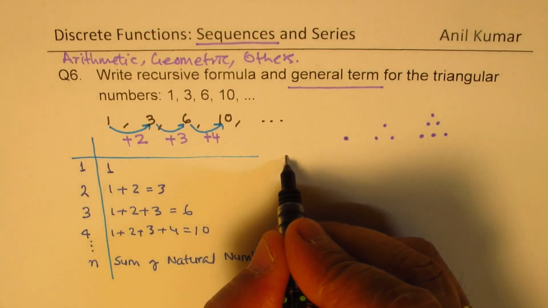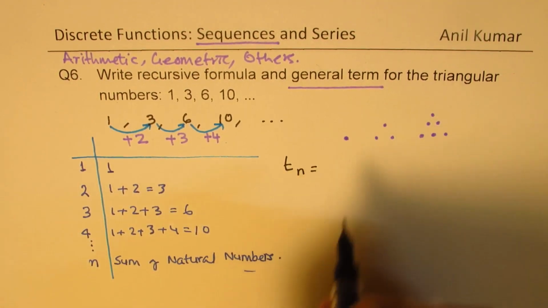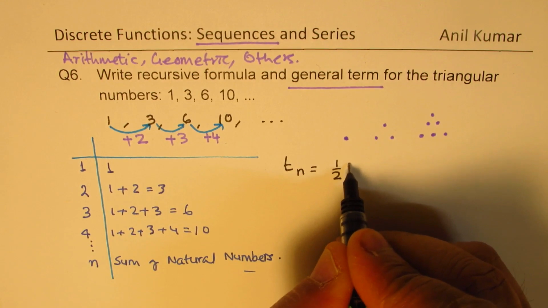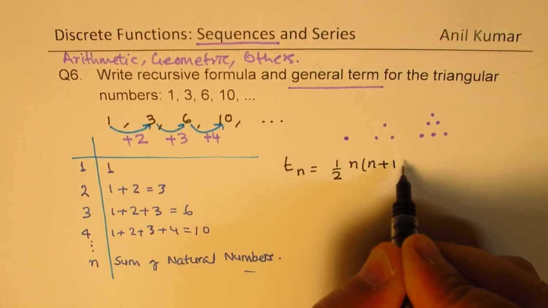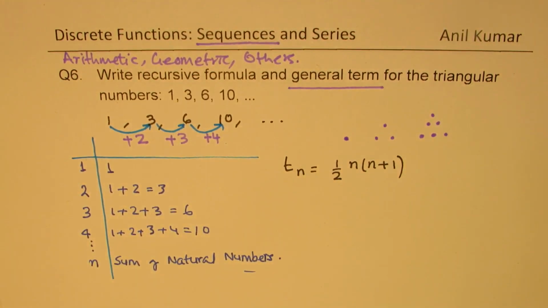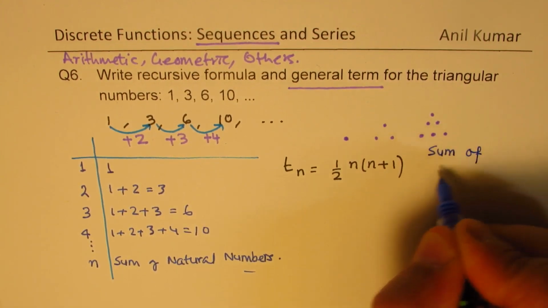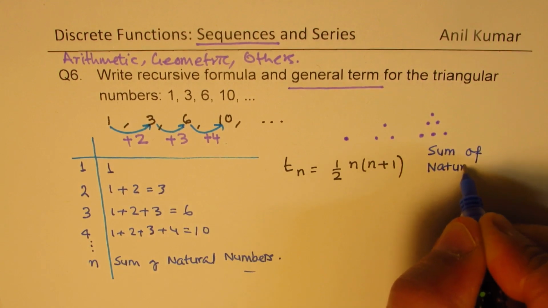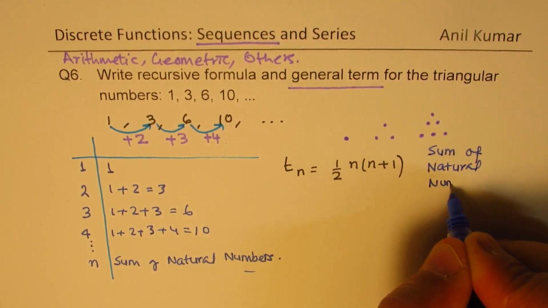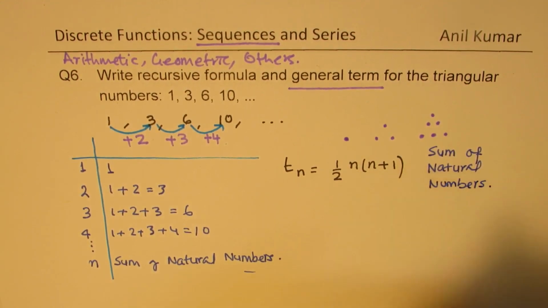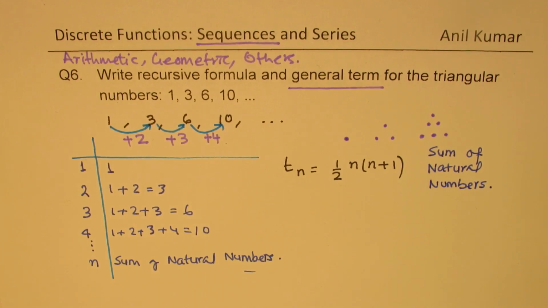So the general term here, Tn, will be equal to half of n times n plus 1, which basically is the formula for sum of natural numbers. Is that clear to you? Right? So that is how we are going to get the formula for this particular case.